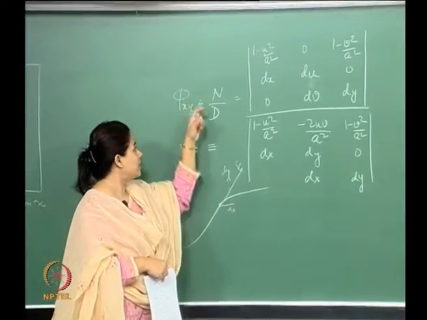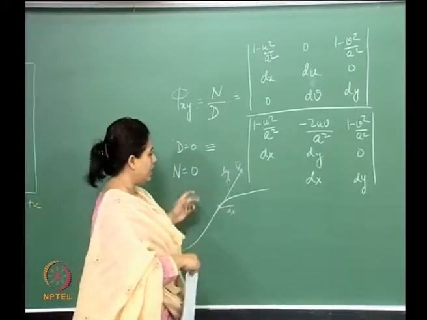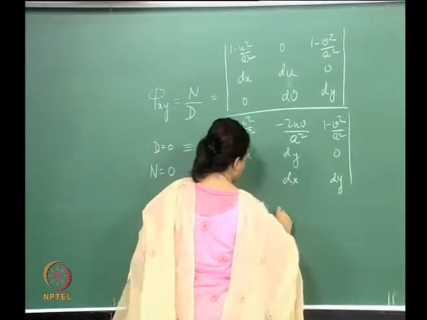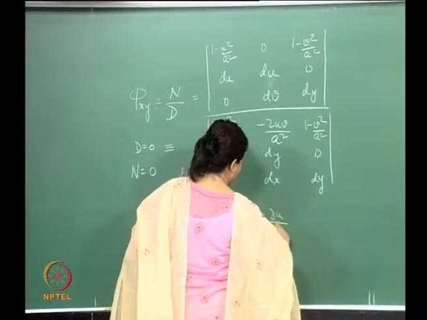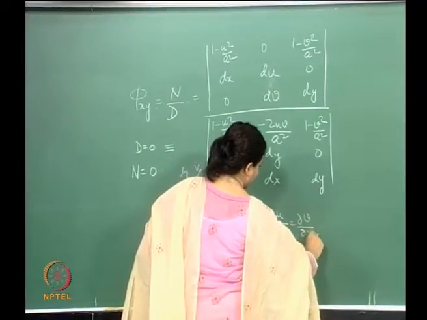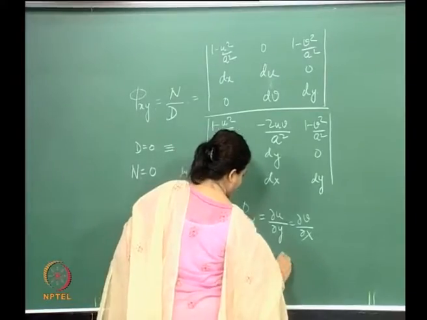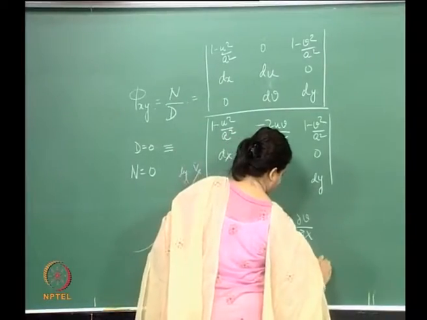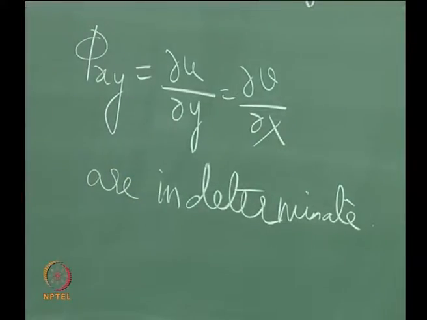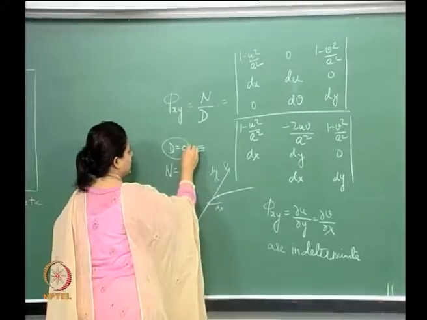But for these derivatives to be indeterminate, but at least finite, the n also has to be 0, which means that phi x y, which is del u del y, are indeterminate.